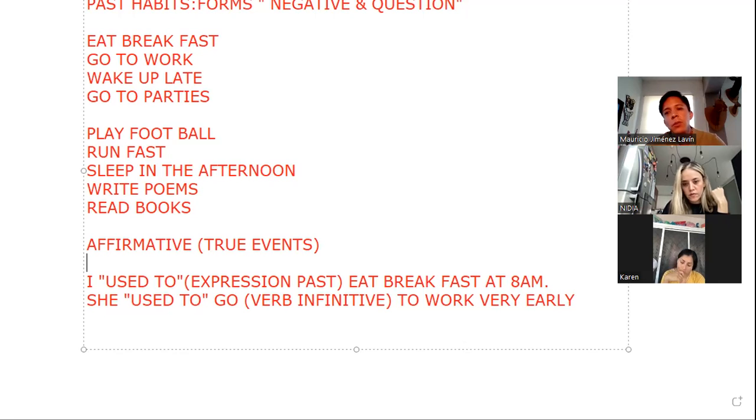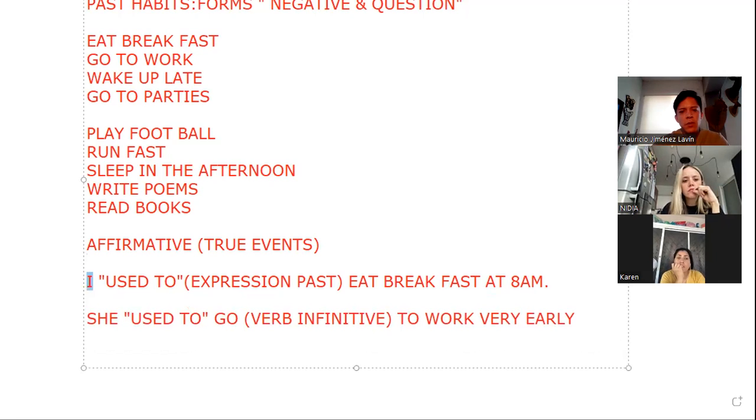Now, if I want to say the opposite way, or negation, does anybody want to try? How can I say it if it's negative? Anybody would like to try? You can use this same example if you want.